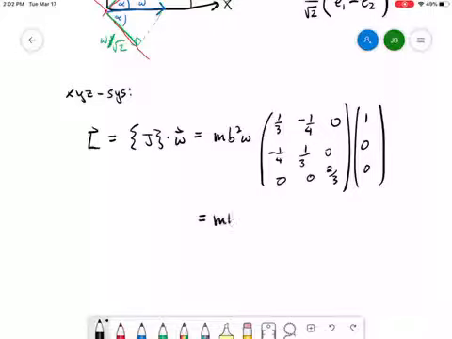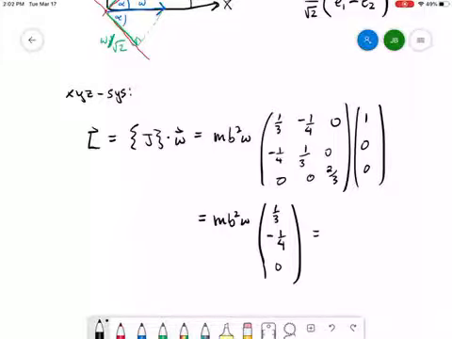Okay, so that's m b squared omega, and then we get a 1/3, and then we get a minus 1/4 for the second component, and then a 0.